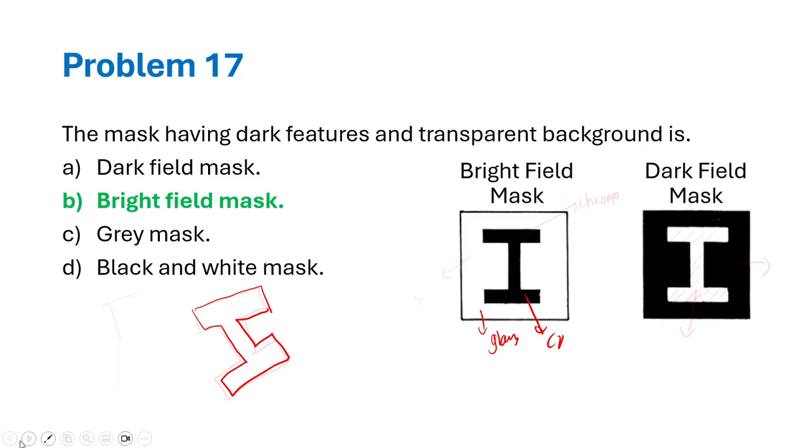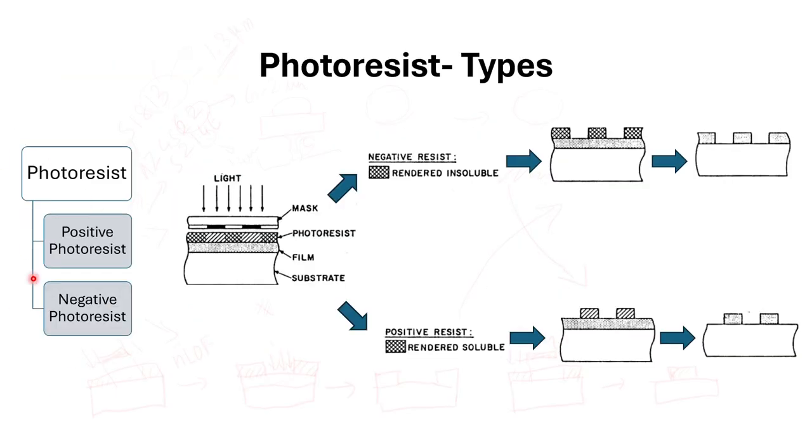So you would have also been aware of the photoresist types. There are two types of photoresists: positive photoresist and negative photoresist. In positive photoresist, there are several types.